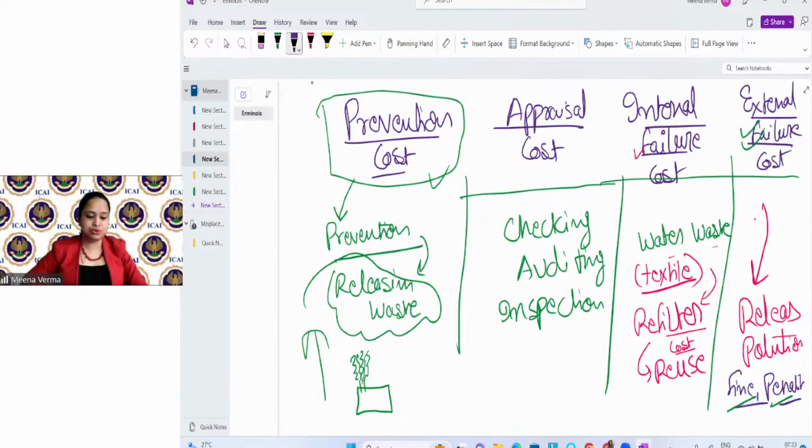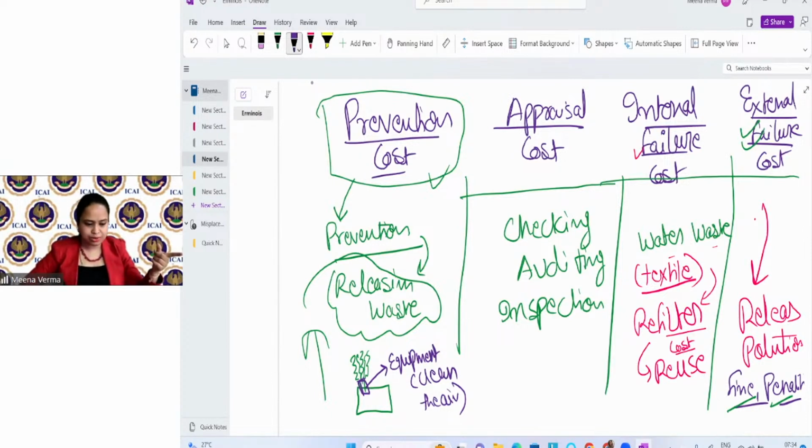So what should they do here? When this air pollution is released, the company should put some equipment, and this equipment should clean the air before releasing it in the environment. Clean it from all the harmful gases like carbon, silicon, right? Clean it from harmful gases, then release it.